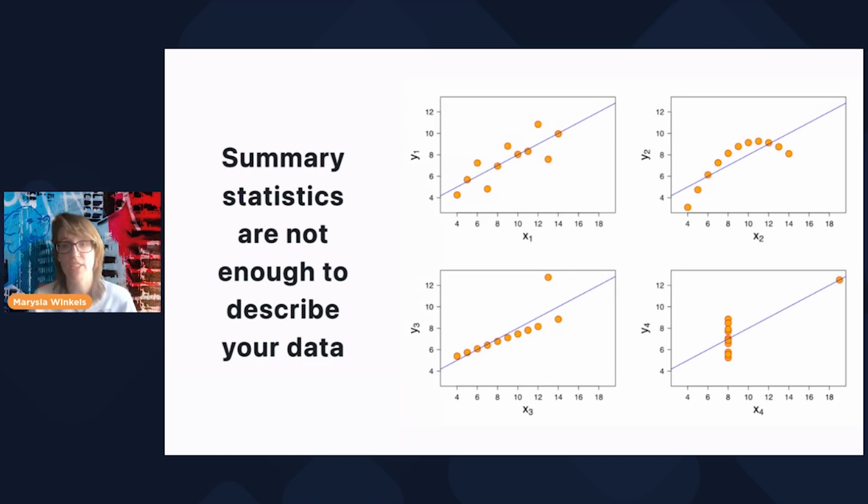It's a set of four data sets where each data set produces the exact same summary statistics. That means the mean, standard deviation, and correlation, which could lead one to believe that the data sets are quite similar. But it turns out that if you visualize them, they lead to very different visualizations, and these data sets are clearly not the same.